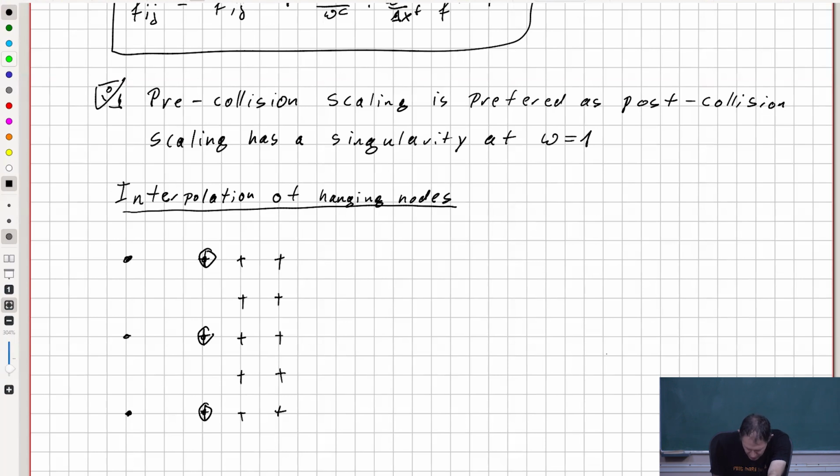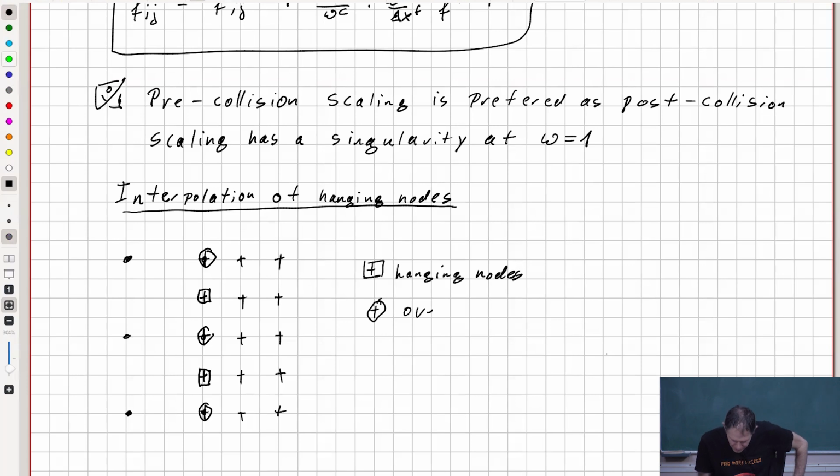And in this position we have these hanging nodes. So these here are hanging nodes, and this here, the other one, are overlapping nodes.